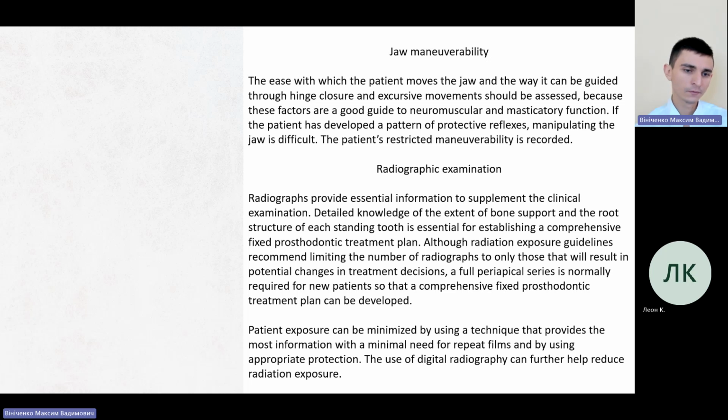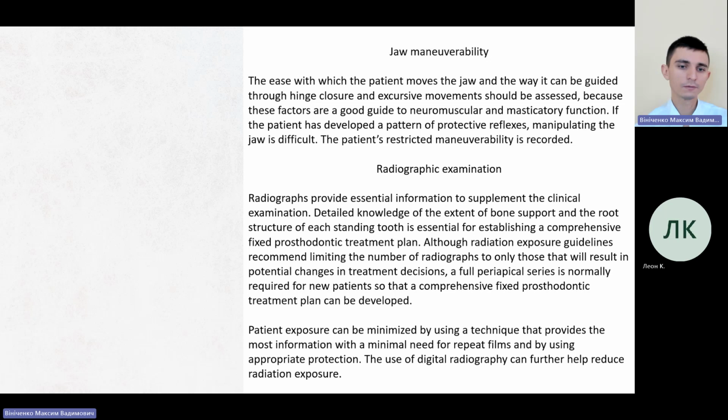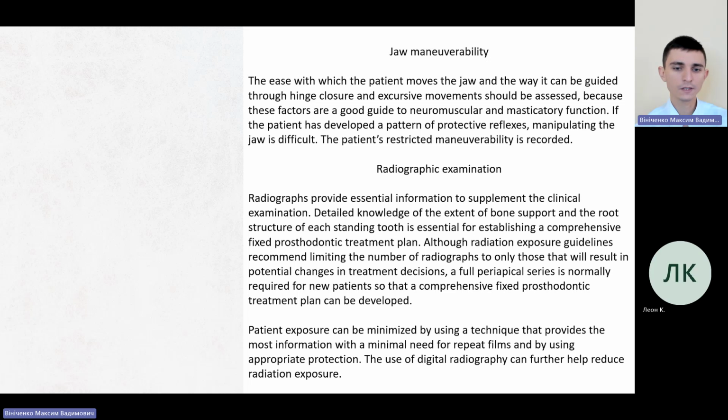Patient exposure can be minimized by using a technique that provides the most information with a minimal need to repeat films and by using appropriate protection. The use of digital radiography can further help reduce radiation exposure.